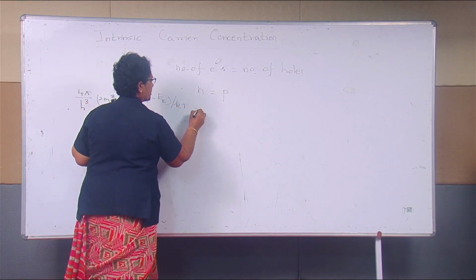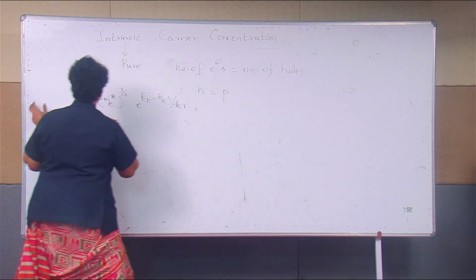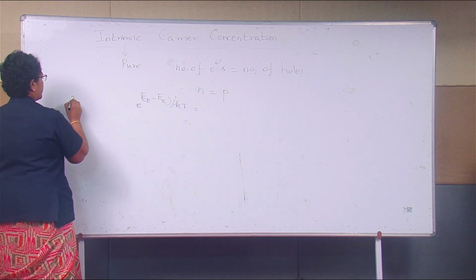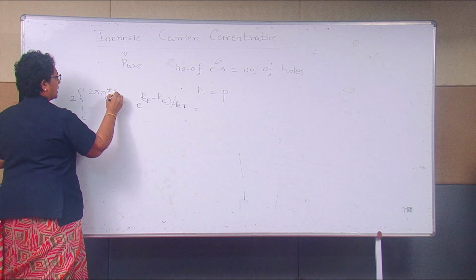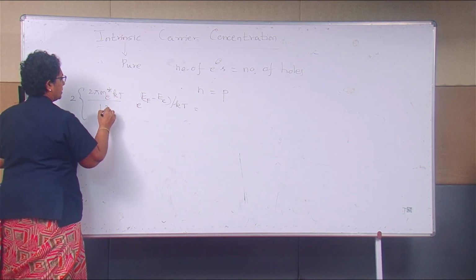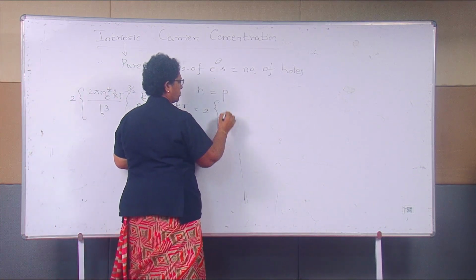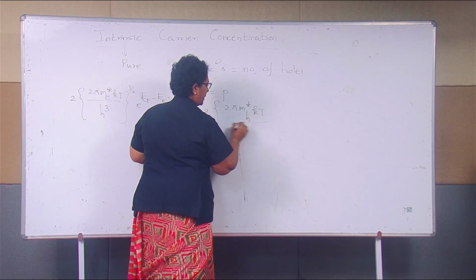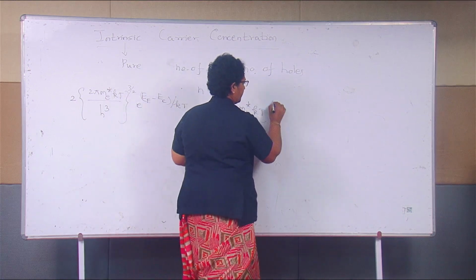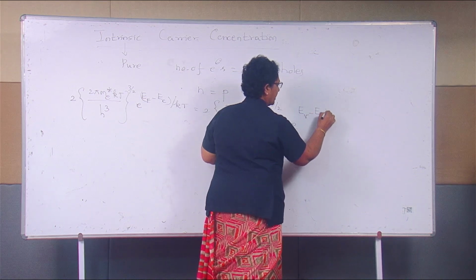This was the expression for N. And now you want to substitute for this, 2 into (2 pi me star kT by h square) to the power 3 by 2. Similarly here, 2 into (2 pi mh star kT by h square) to the power 3 by 2 e to the power of (EV minus EF) by kT.